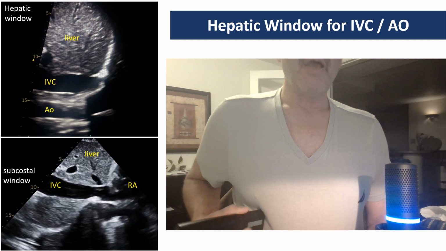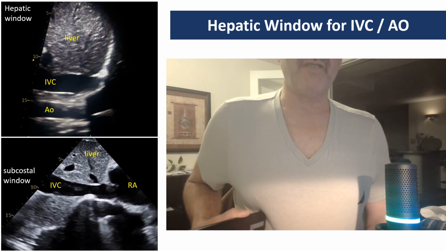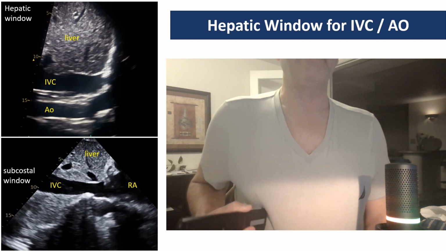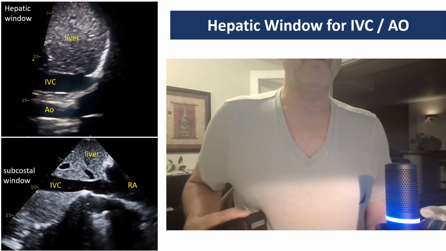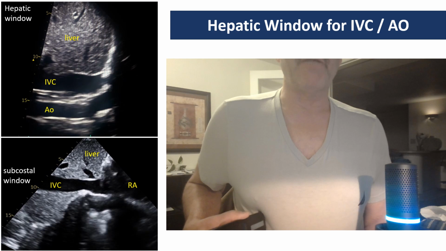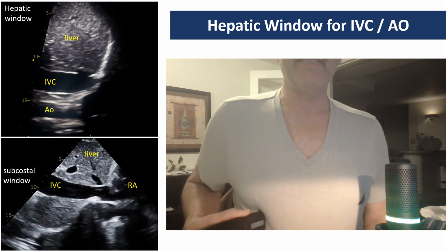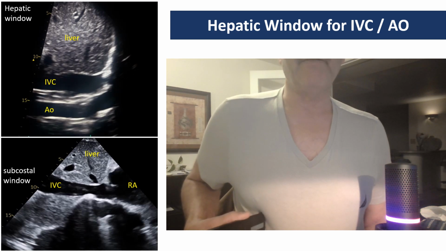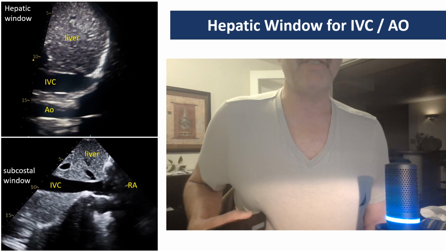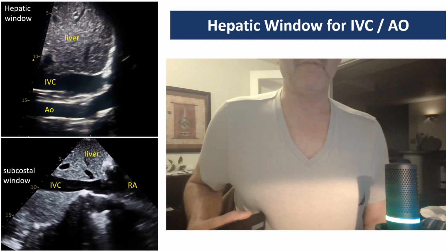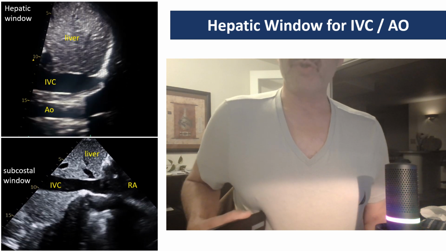In almost over 90% of cases, we can get the IVC and aorta very easily, and do respiratory variation or collapsibility, and even one of the branches of the hepatic vein, we can catch it and do Doppler if we need, and Doppler for the aorta, and so on.